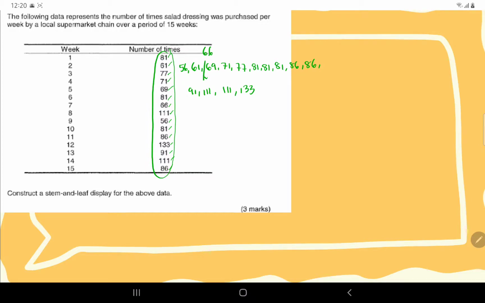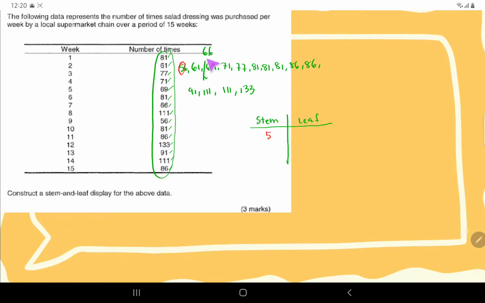So for this data, the stem and leaf plot is as follows. This is the column for stem and for leaf. The list of stems is the first set of digits. Looking at the first digit, it is 5.